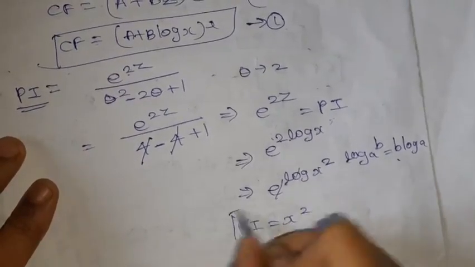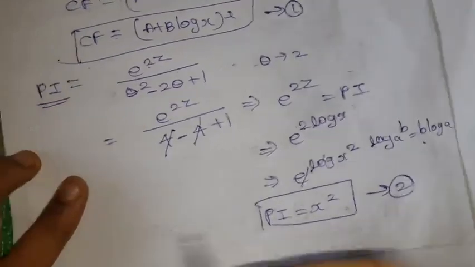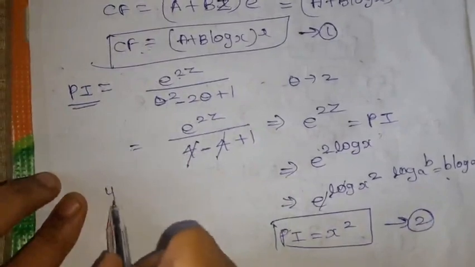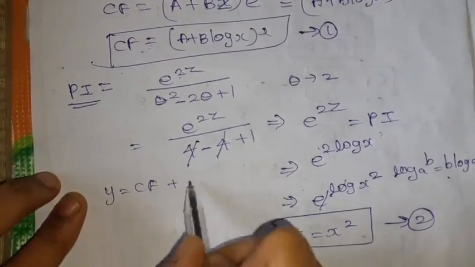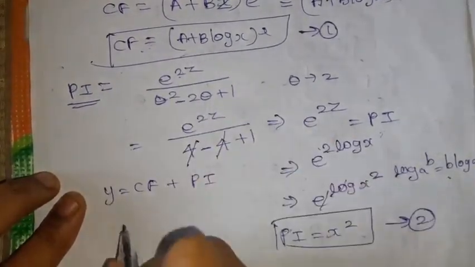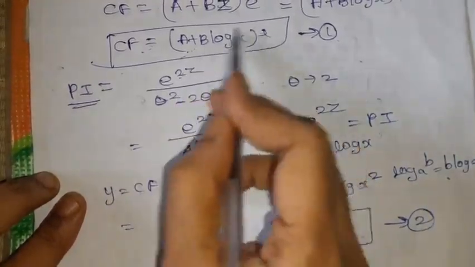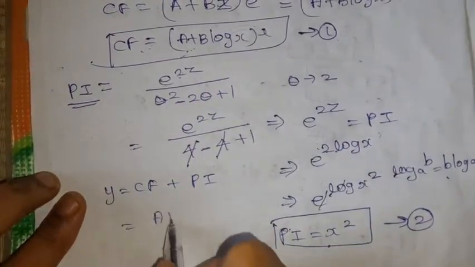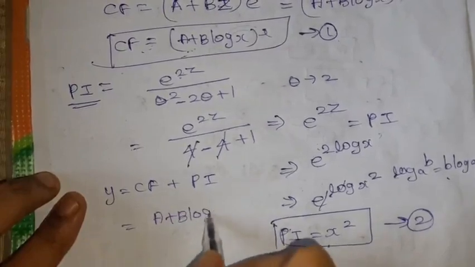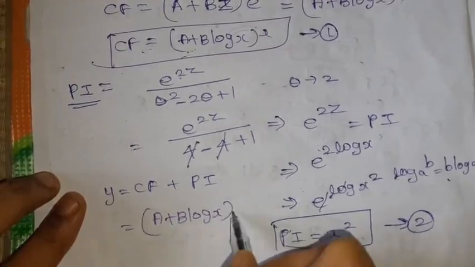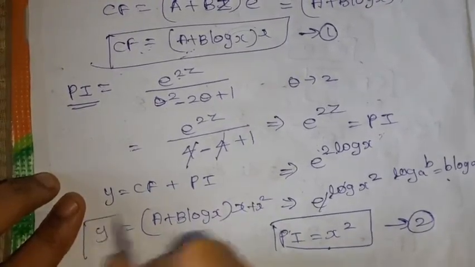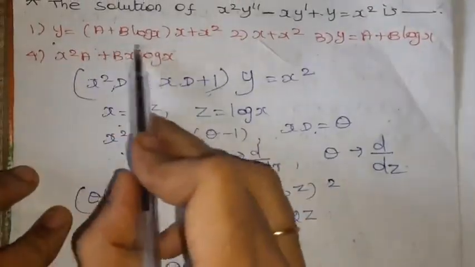So it is equation 2. Then the solution y equal to adding equation 1 and 2, complementary function and particular integral. So a plus b log x into x plus x squared. So the solution of the differential equation is nothing but option A.